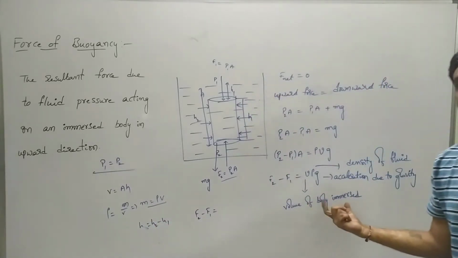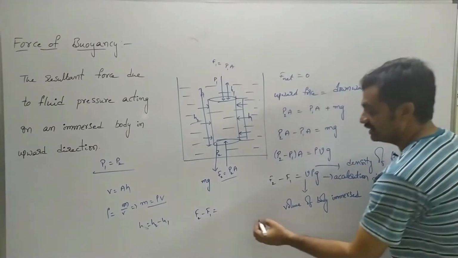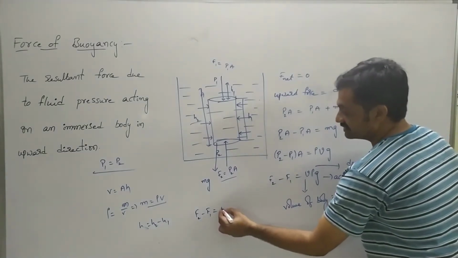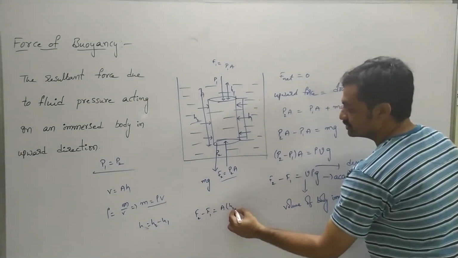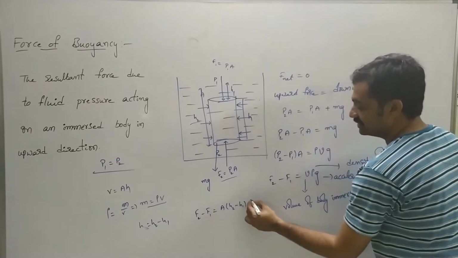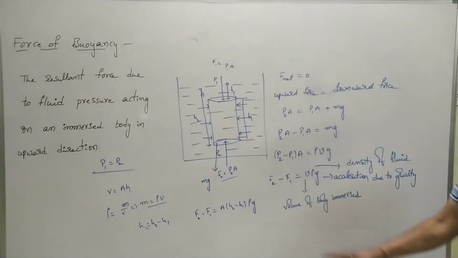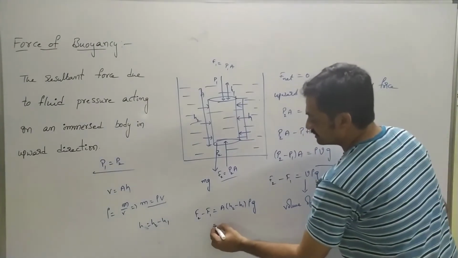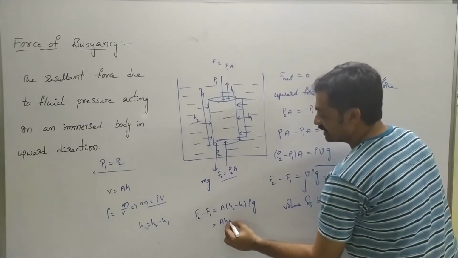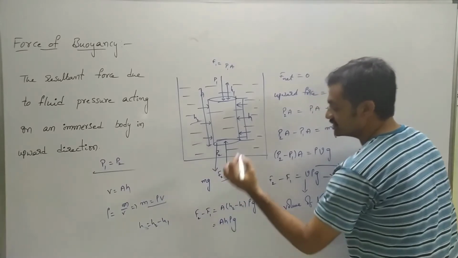In the place of h we can substitute h2 minus h1. Then the expression can be represented as area into (h2 minus h1) into rho into g, or we can also represent it as area into height into rho into g.